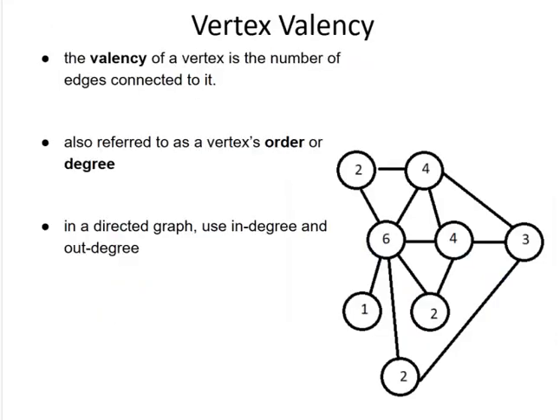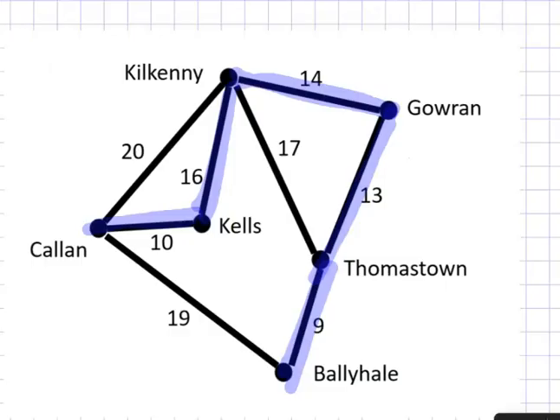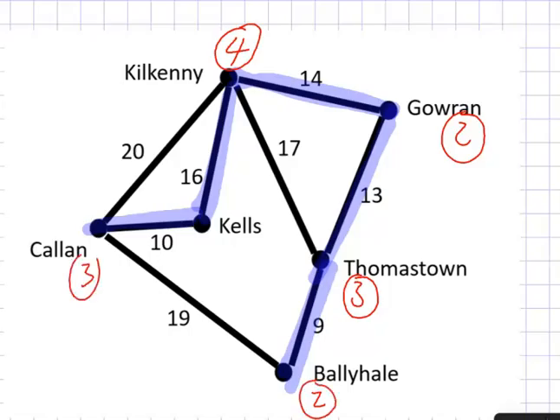There is a thing that's called valency. The idea of this is about how many edges are connected to a node. So very quickly, I'll go back to that slide in a second. If we look at Kilkenny, for sake of argument, we can say that Kilkenny has 1, 2, 3, 4 edges coming out of it. Gowran has 2, Thomastown has 3, Ballyhale has 2, Callan has 3, Kells has 2.